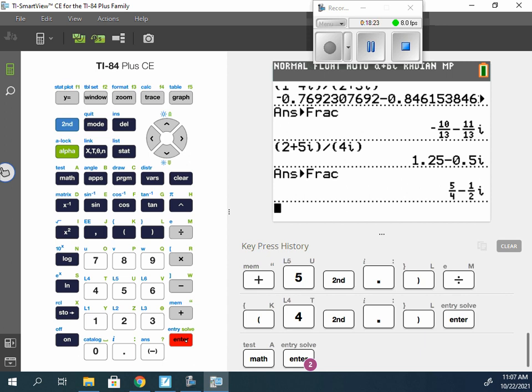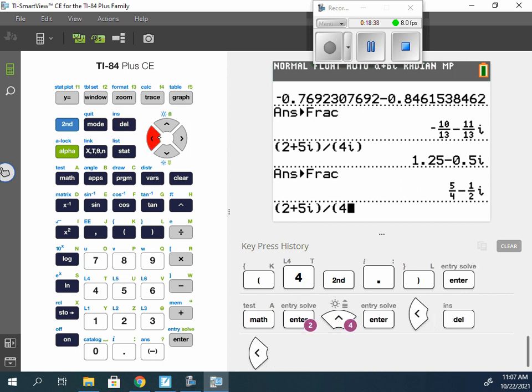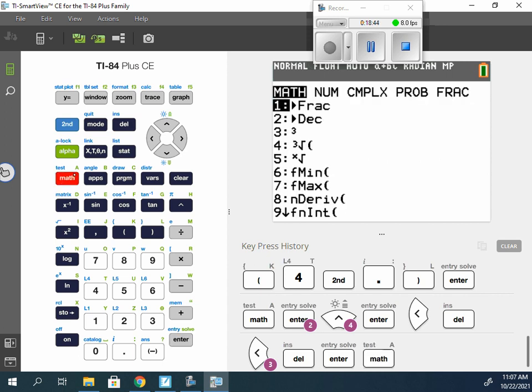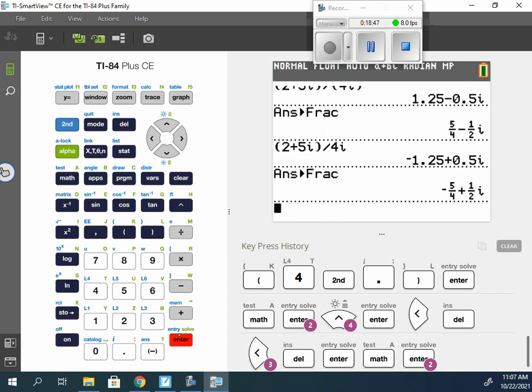And that's it. Now, with these here, you do need to put the parentheses around the denominator, even though it's just a single term. Even if we do delete it, did it give us the same answer?